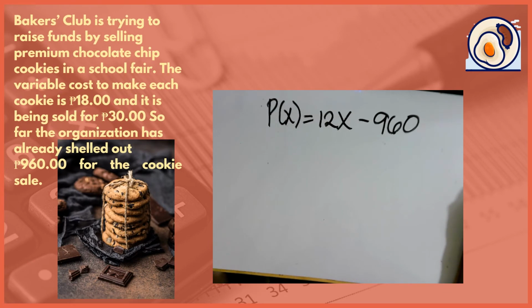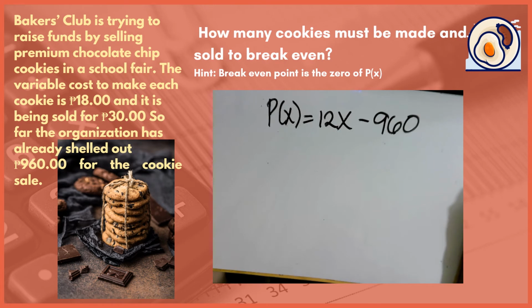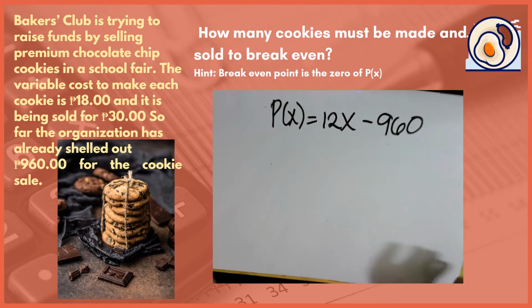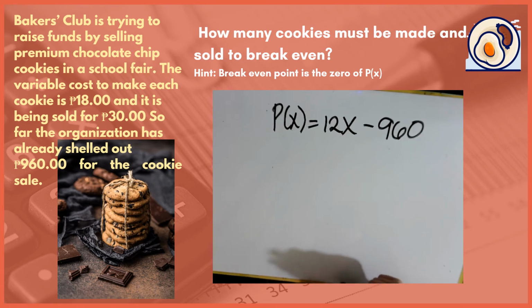Next, how many cookies must be made and sold to break even? Break-even point is the zero of P of X, or sa Tagalog o ibang salita, ang break-even ay bawi lamang. Bawi lang yung naging puhunan.